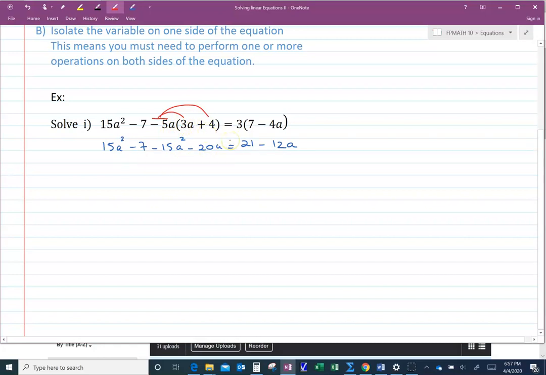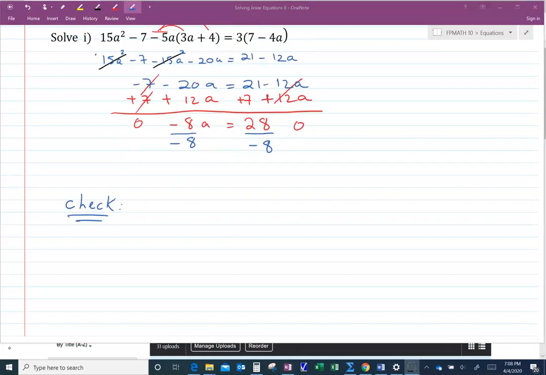Now you need to go ahead and collect like terms on each side if you can. Simplify each side. Once you've simplified each side, you will end up getting minus 7 minus 20a equal to 21 minus 12a, and then you notice that minus a minus 8a equals 28 because you're collecting like terms.